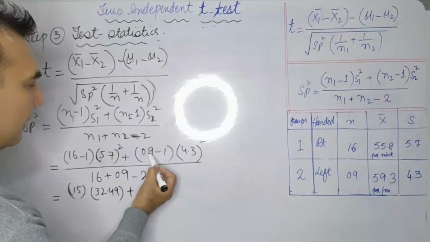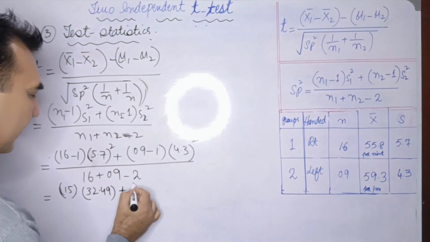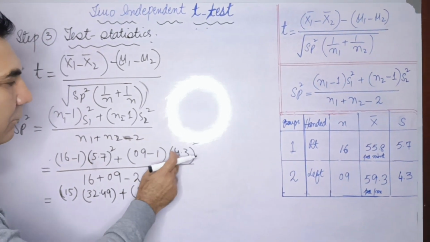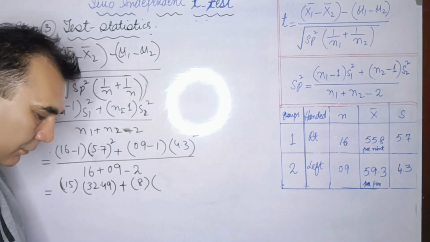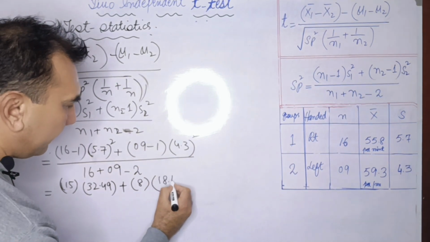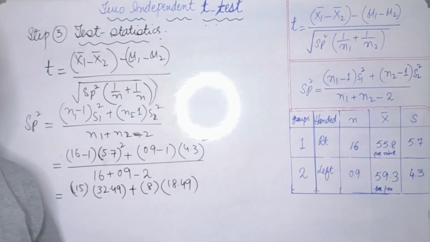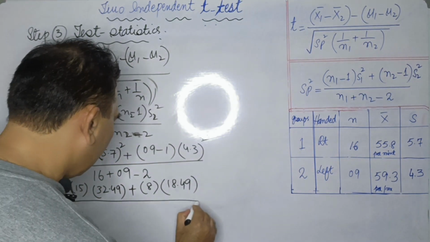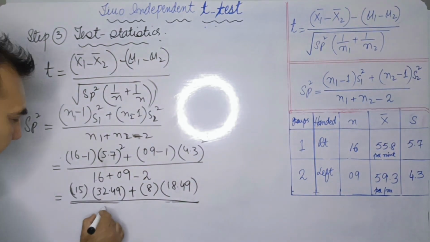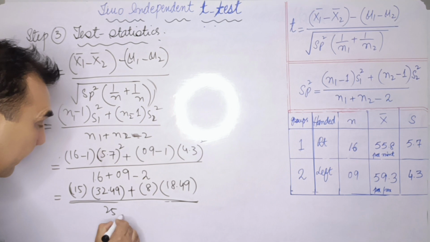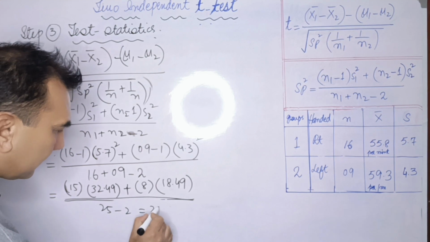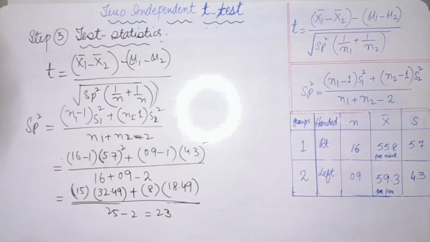Plus, we subtract 1 from the 9, it comes up with 8, and 8 multiplied by 4.3 squared. 4.3 squared comes up with 18.49. Now in the denominator, 16 plus 9 becomes 25, and minus 2, so the denominator becomes 23.